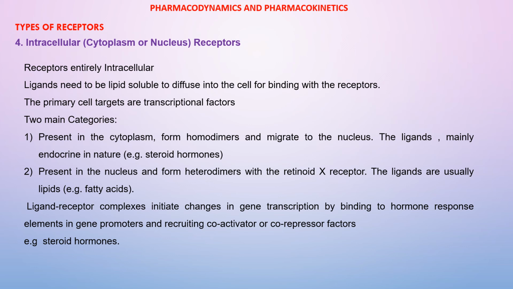The ligand receptor binding activates the complex by dissociating the receptor from a variety of binding proteins. The activated ligand receptor complex translocates to the nucleus, wherein it dimerizes before binding to the transcriptional factors to regulate gene expression.